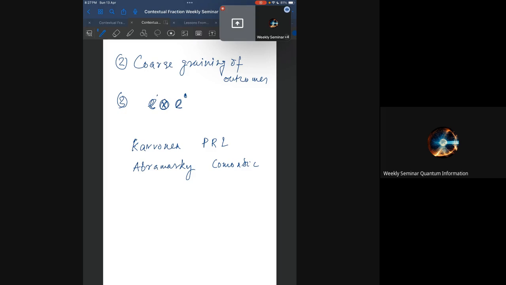Very nice discussions. Now I wanted to ask you these questions. For example, when Cabello is giving this 18 vector proof, that actually gives some correlations, right? And that is a state independent proof of contextuality, right? Yes.